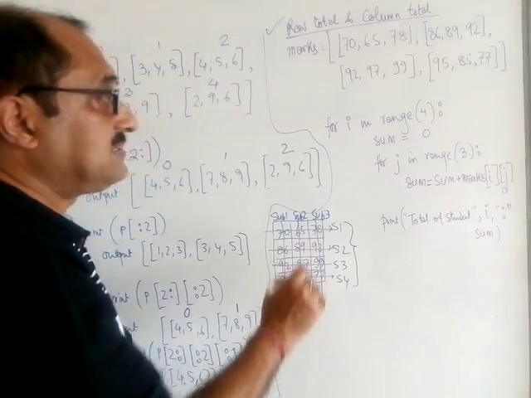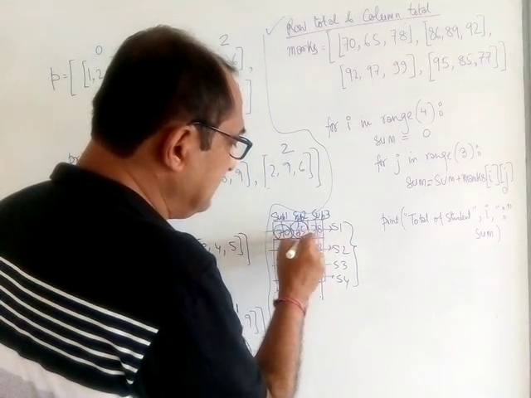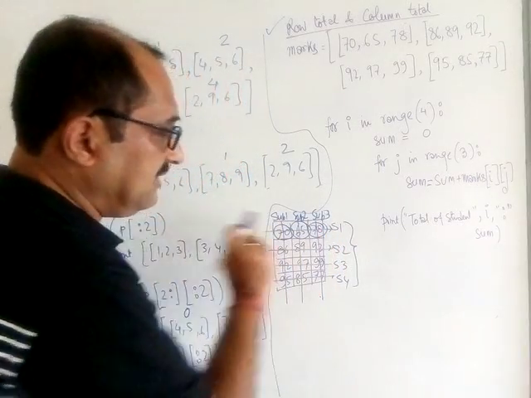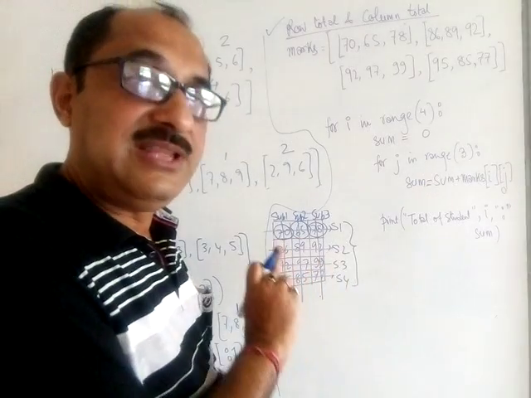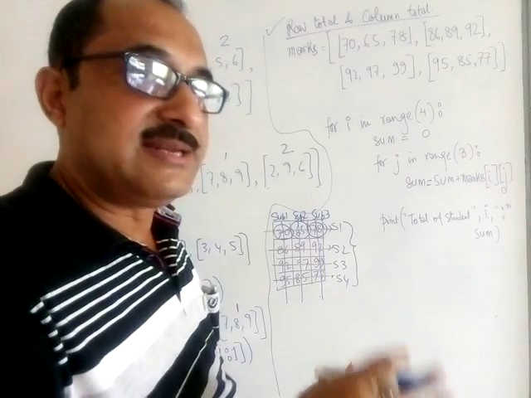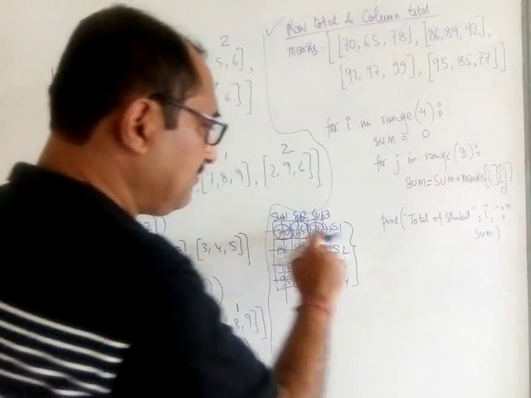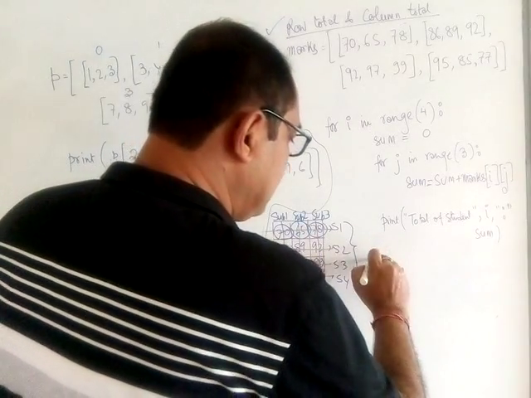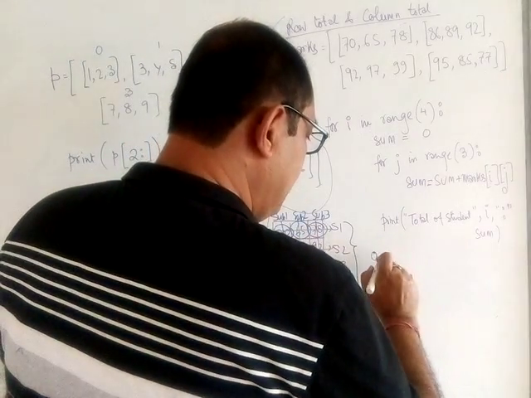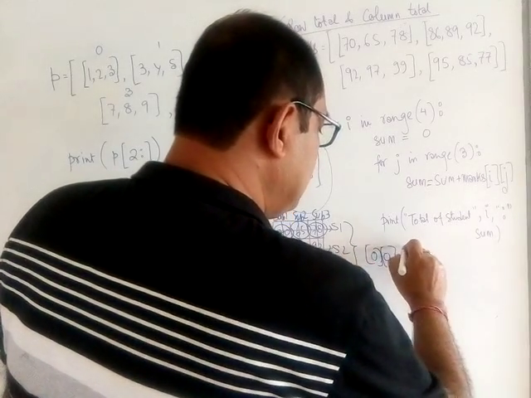What I have done, look at this. If I have to take the row total, that means I need to sum up 70, 65, 78. Yesterday I told you that whenever you deal with this kind of situation, if you are not getting it, it's better to write down the location numbers. If I write down the location numbers of these 3, I get 0,0.